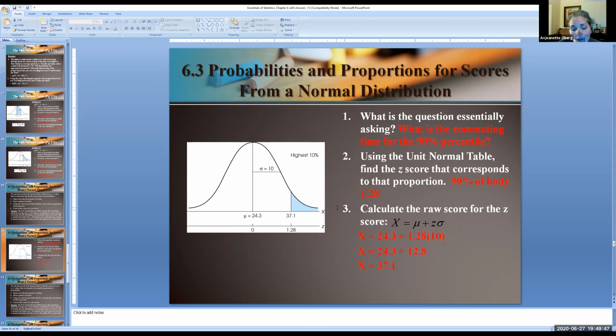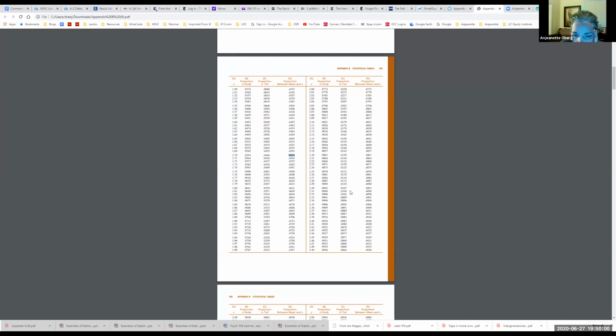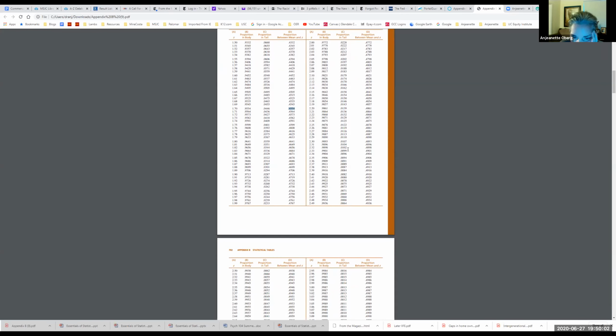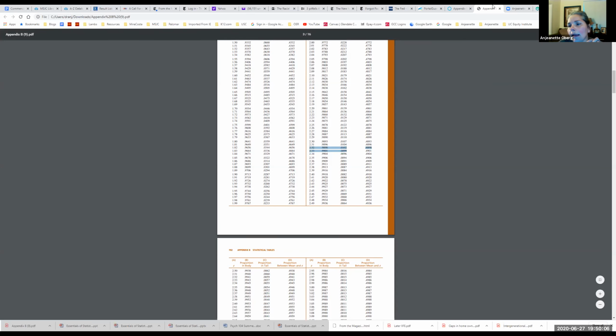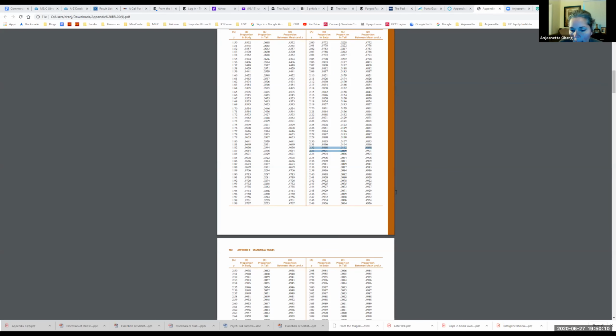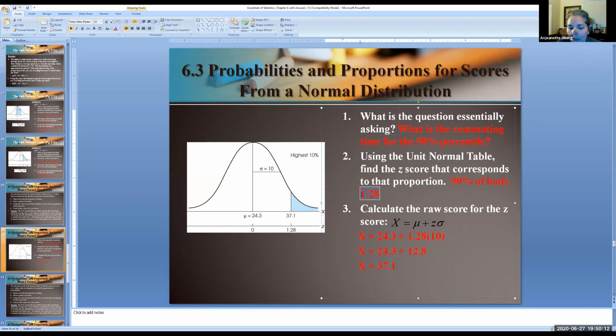And so I can look up the z-score that corresponds to 10% in the tail or 90% in the body, which, if you look at that, okay, so 10% in the tail or 90% in the body is going to be right about here, okay? And then I now need to plug that back in. That's our z-score.